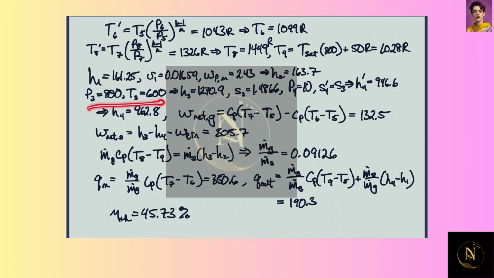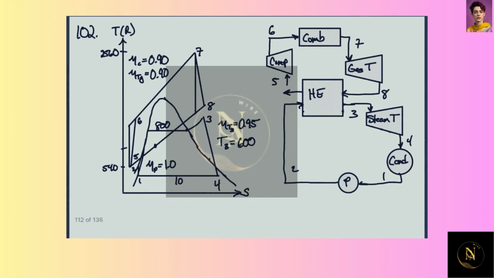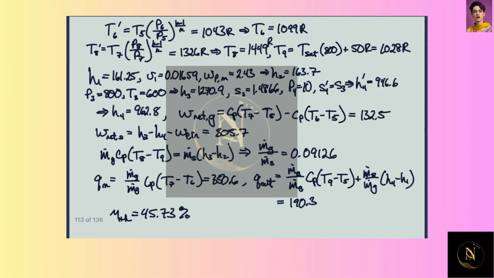This is the same, this is the same. And now P4 is different, it's 10 psia. We can get the isentropic enthalpy, and we can get the enthalpy here.